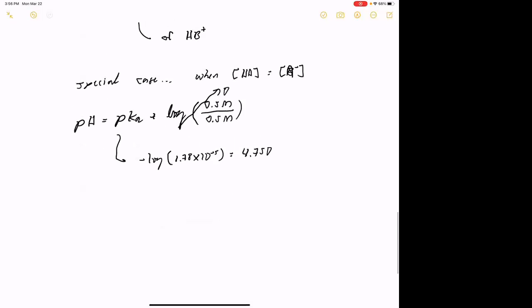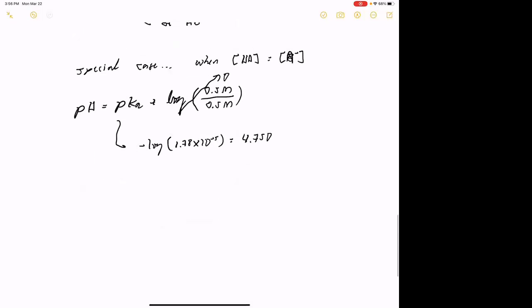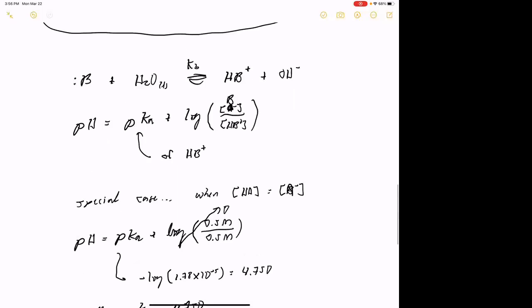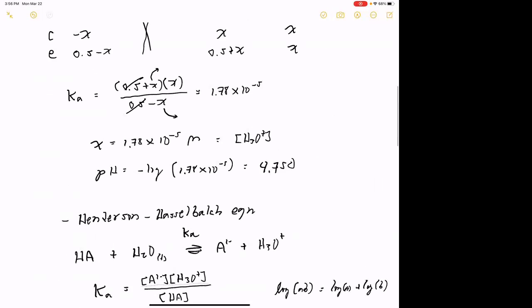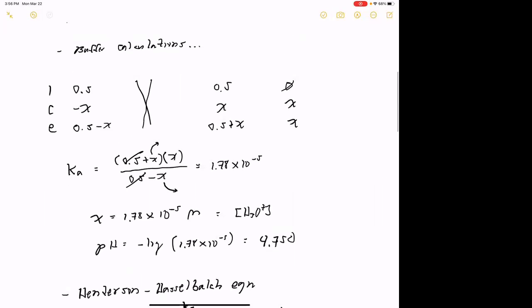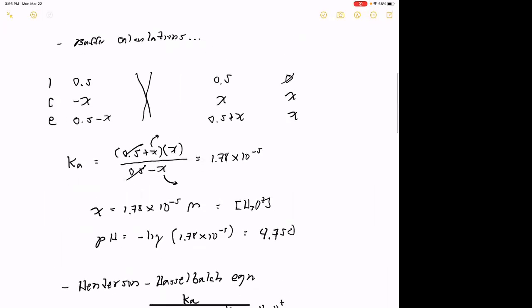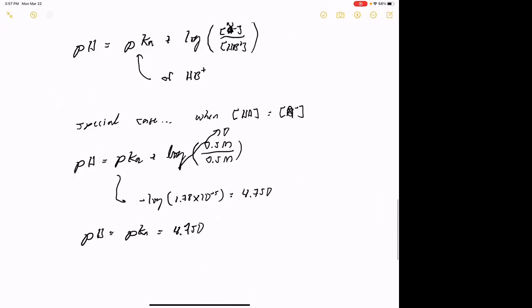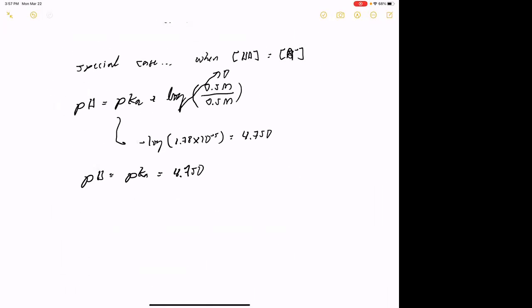So in that specific case, the pH is equal to the pKa, which is equal to 4.750. Now, is that what we got before when we did the full-on equilibrium approach? Yeah, 4.750. So see how we put a nice table together and got the pH? And then I applied Henderson-Hasselbalch down here and got the same thing. That's exactly what should happen.